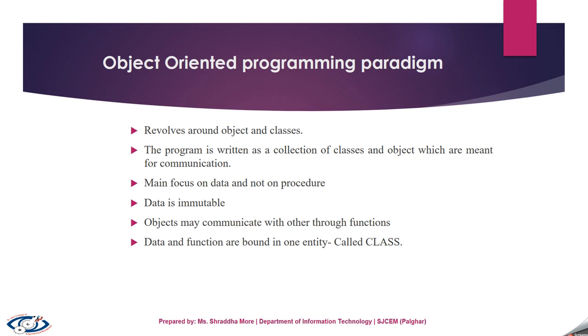Here data is immutable, meaning once you define your data, you cannot change it in this type of paradigm. Next, objects may communicate with each other through functions. Data and functions are bound in one entity which is called a class.